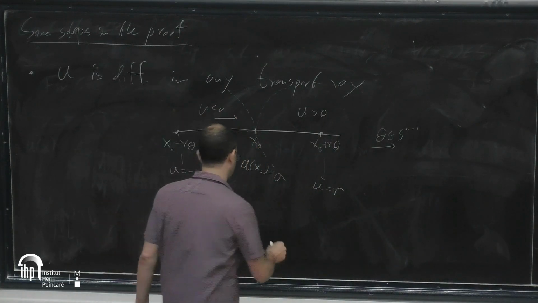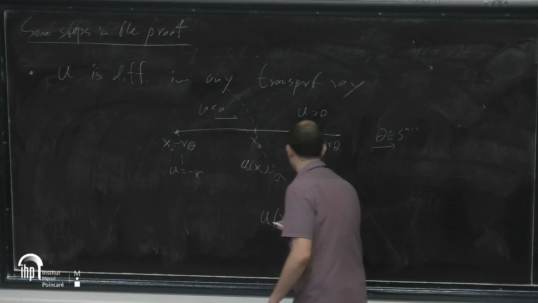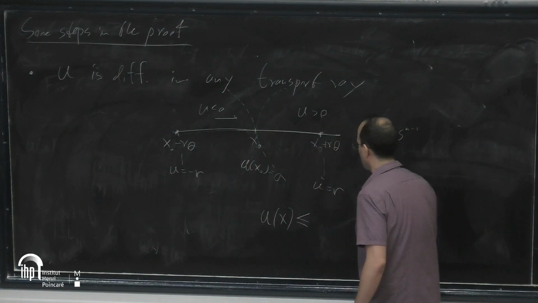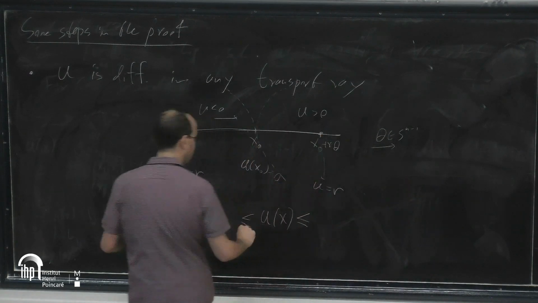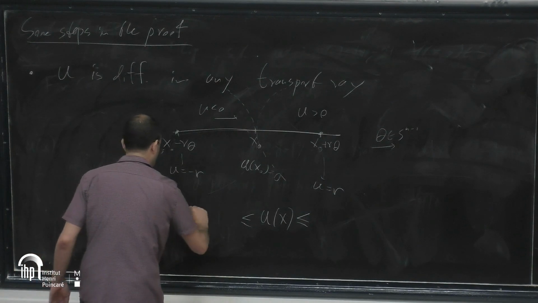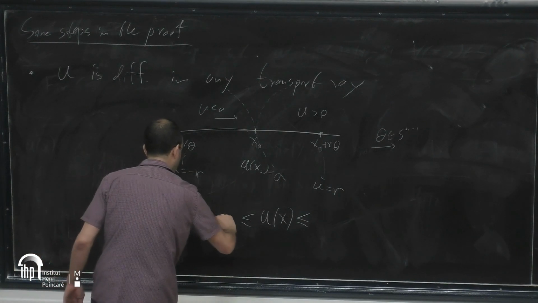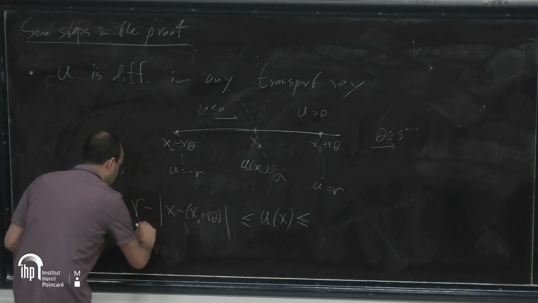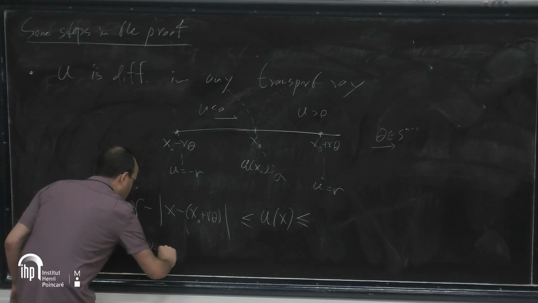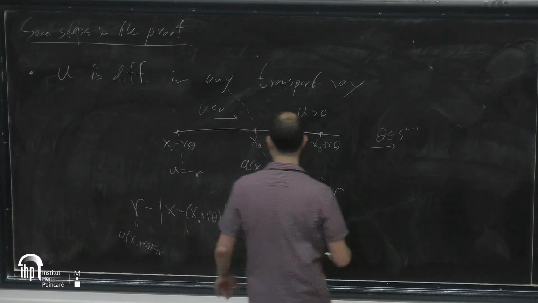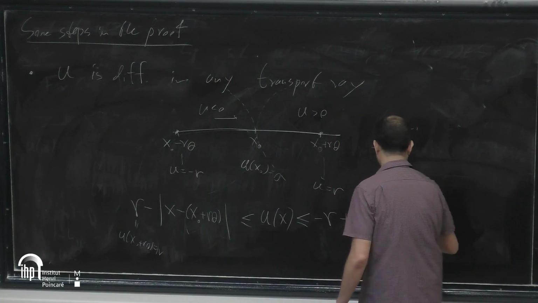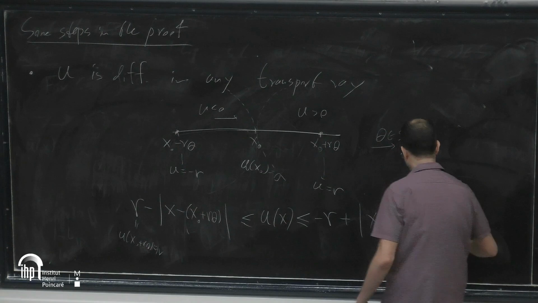In fact, you can write a better inequality: u of x is always at least r minus the distance of x to x0 plus r theta, because u of x0 plus r theta is r. And u is at most minus r plus |x minus (x0 minus r theta)|, by the triangle inequality.